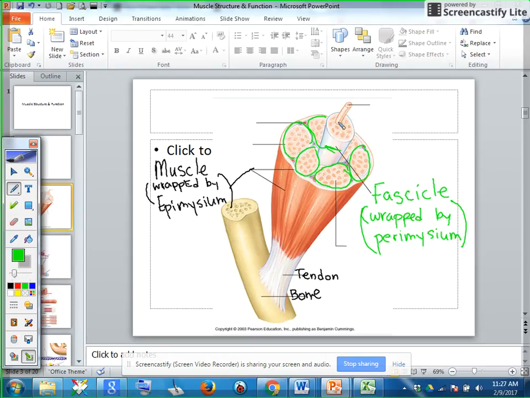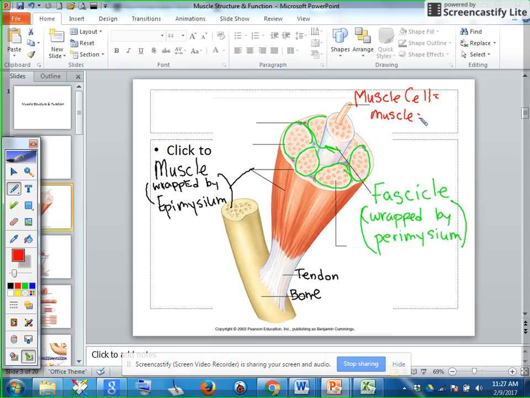All right, inside each fascicle is an actual muscle cell. Now, muscle cells have three different names. Sometimes we get lazy and just call them a muscle. Technically, it's not a whole muscle, it's just one muscle cell.